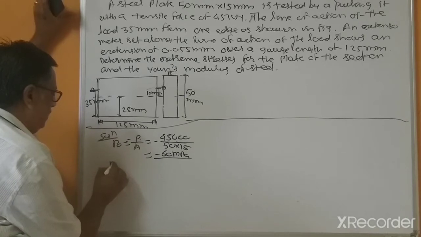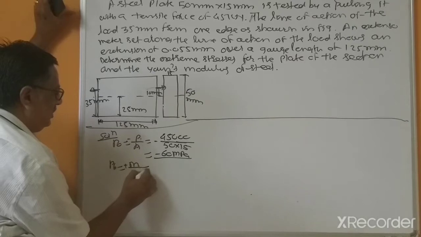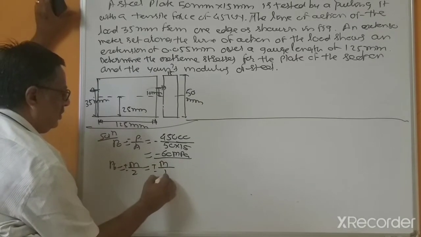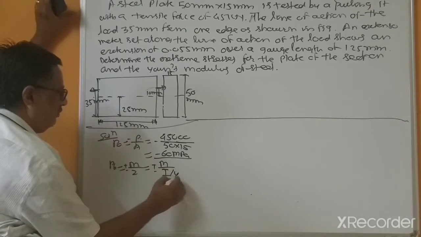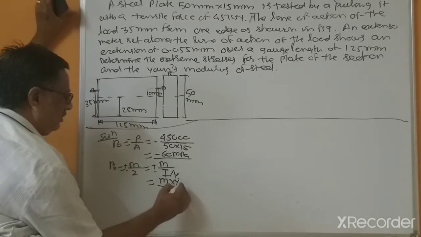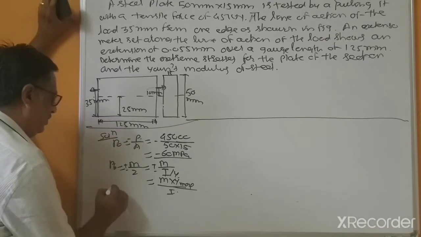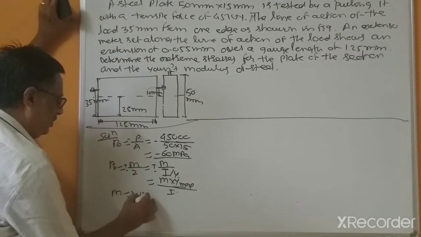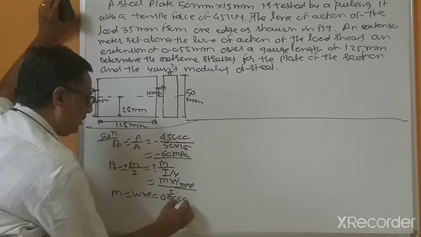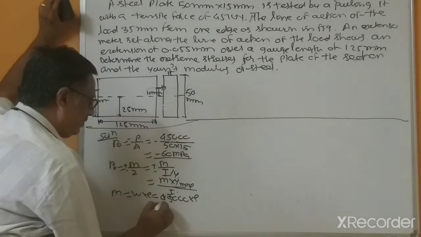Now PB equal to M by Z, plus minus M y divided by I, or M y max divided by I. M equal to W into E, 45,000 multiplied by the eccentricity E equal to 10 mm.